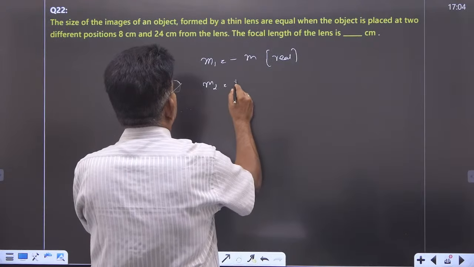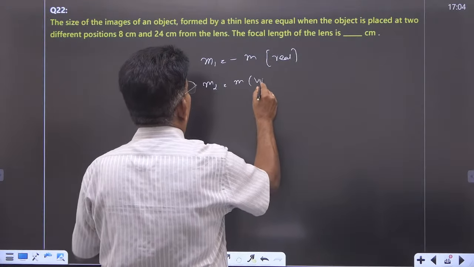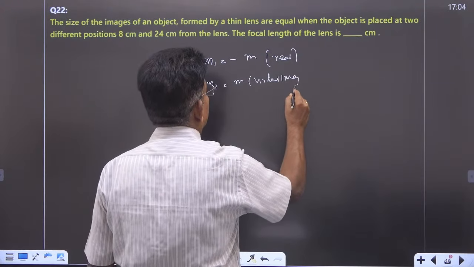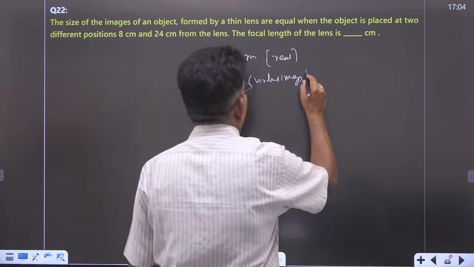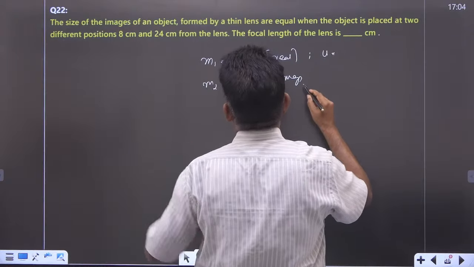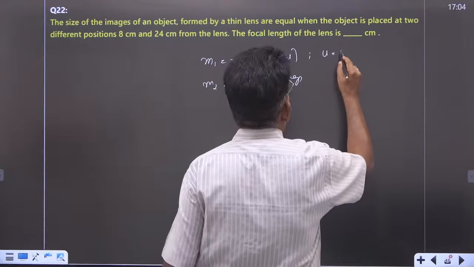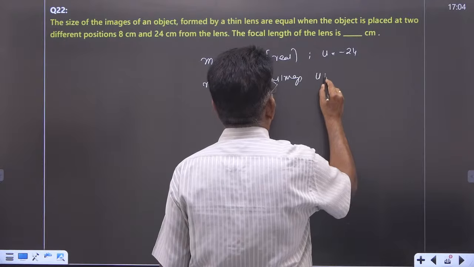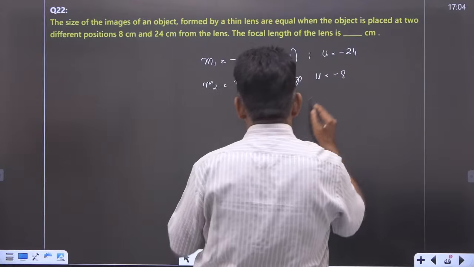M2 is equal to M, virtual image. For getting the virtual image, the real image should be more than the focal length. So this should be more. U should be minus 24 in the first case, and in the second case U should be minus 8.